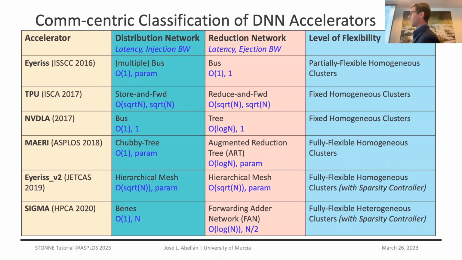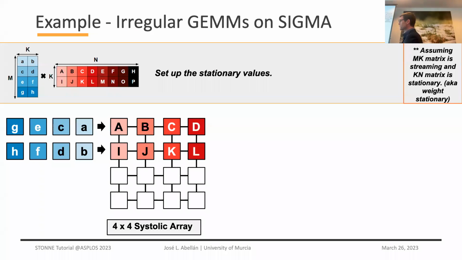These, and also the TPU, are the types of accelerators that have been proposed nowadays, and also STONNE, which is a simulator that Francisco is going to introduce later on, is able to model them properly.